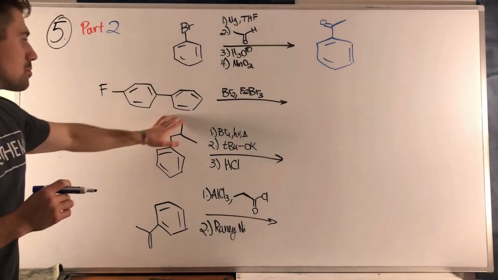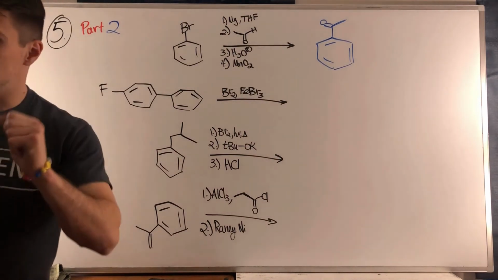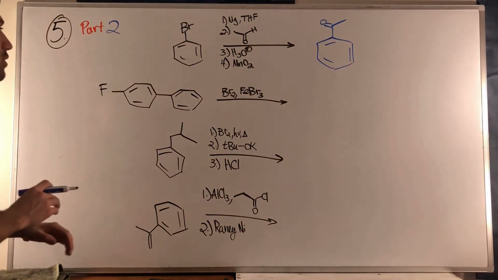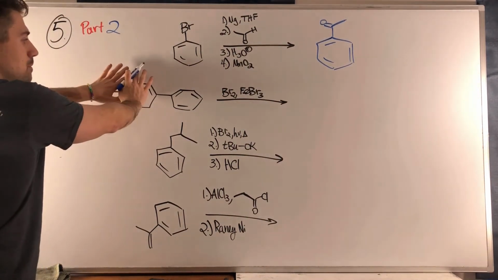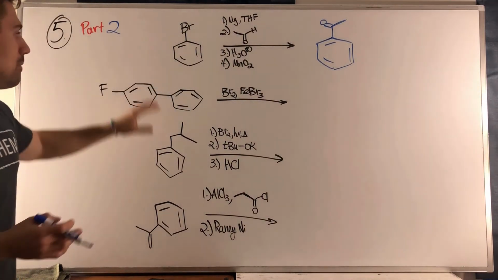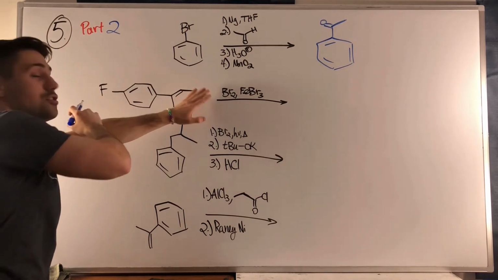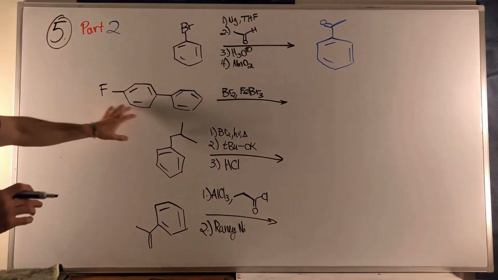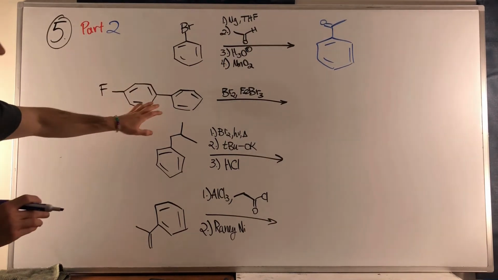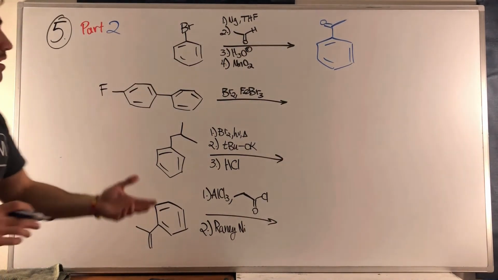Now, for this problem, we are just doing bromination, but on which benzene ring? Remember, if we look at each one individually, this benzene ring has this carbon piece right here. And this one over here has a halogen. So this ring is slightly deactivated, because of the fluorine, because of induction.